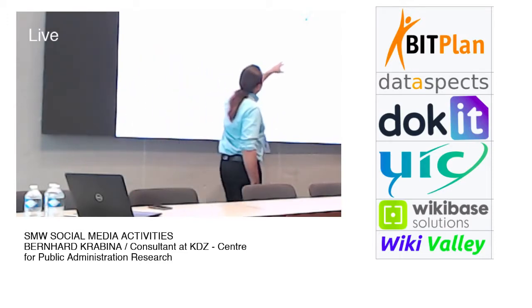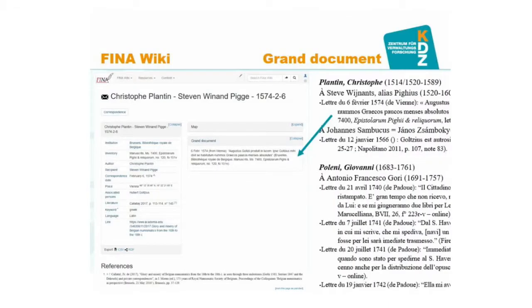And now here on the right, you can see these entries in the Word document. Polini, Giovanni lived from here to there, wrote to somebody else on the 21st of April, and he wrote about this, and then the next letter, and then the next letter. So this was how it was in the Word document. And basically, this is what this letter now looks like. Christophe Plantin wrote to Stephen Winard Piggy on February 6th, 1574, and he wrote it in Vienna.